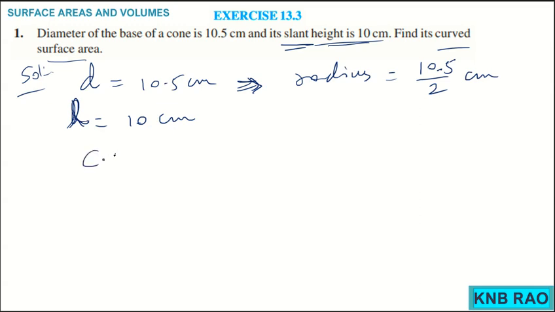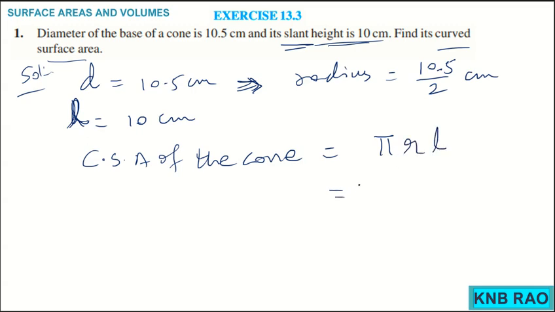So the curved surface area of the cone is pi r l, just substituting 22 by 7 into 10.5 by 2 into 10. The l value is 10.